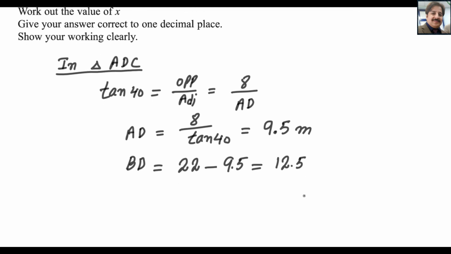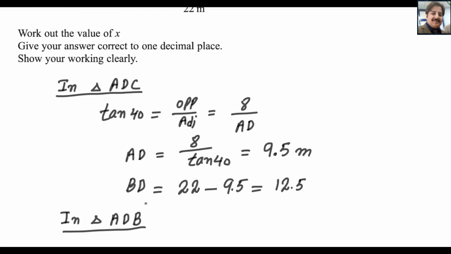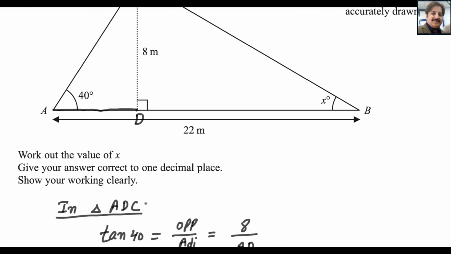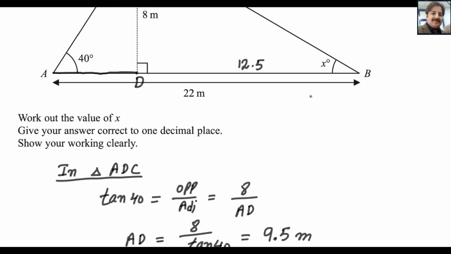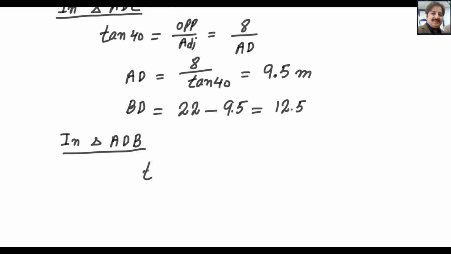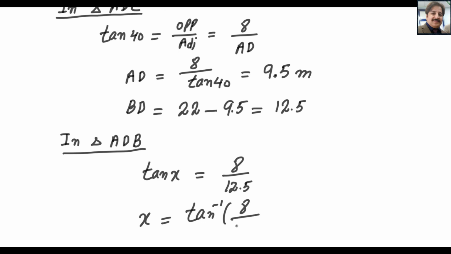Now we will use the other triangle, triangle ADB, this one. Now we have the value for this part, that is 12.5, and we will use the same formula. Tan x will be equal to 8 over 12.5, and x can be found by taking the inverse tan of 8 over 12.5.